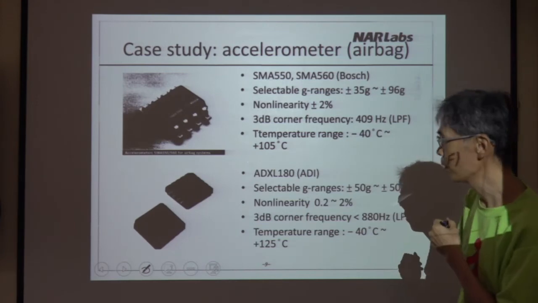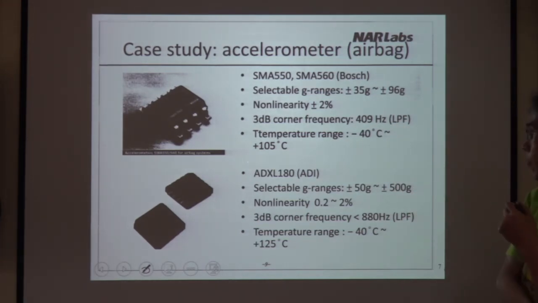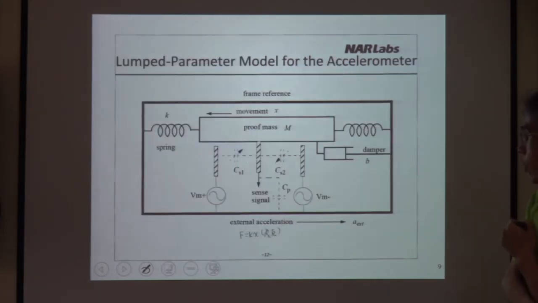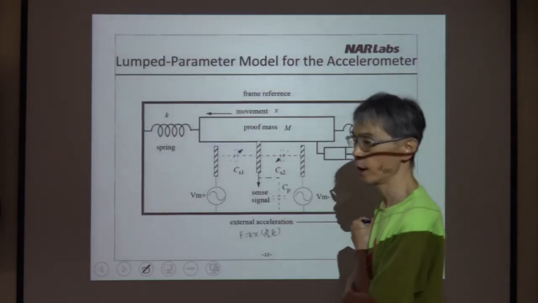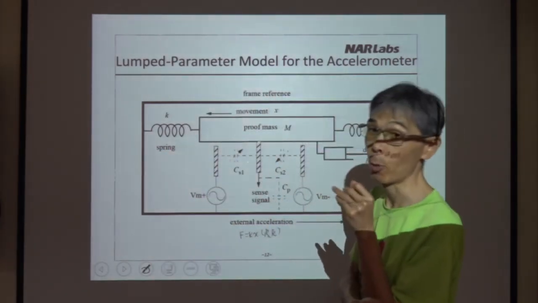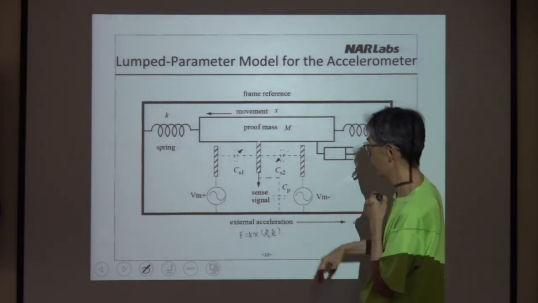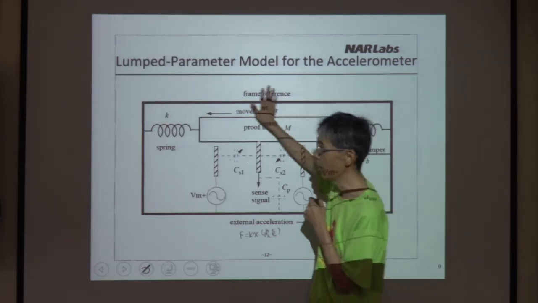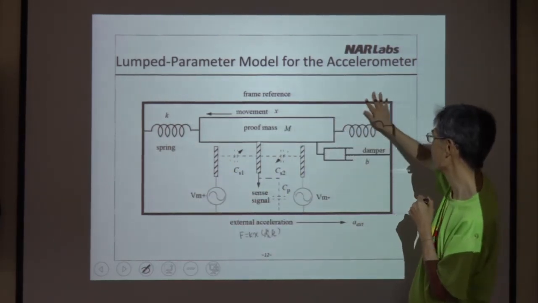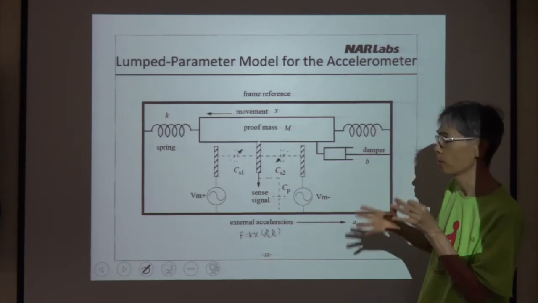Okay, we have different commercial products. Next. Now is the concept, the model of the accelerometer. So this is your accelerometer. You have a MEMS inside a box. The box is your accelerometer.